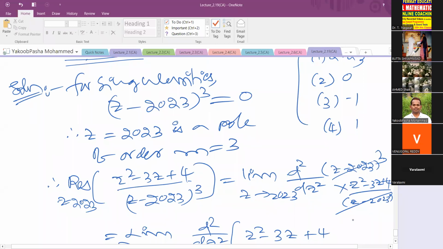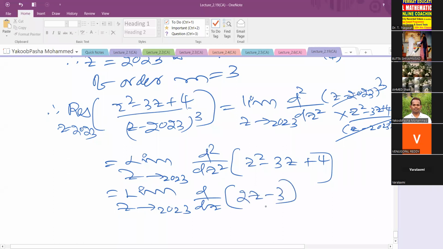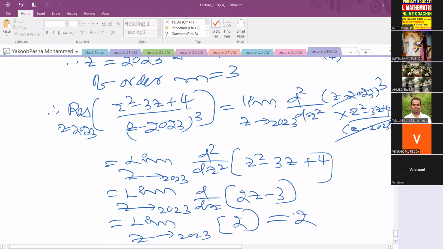So limit z tends to 2023 of d by dz of the first derivative, 2z minus 3. Again differentiate, limit z tends to 2023. This is 2, it is nothing but 2 only.